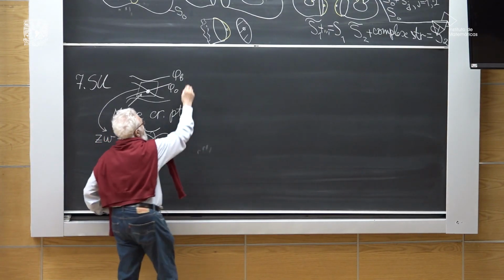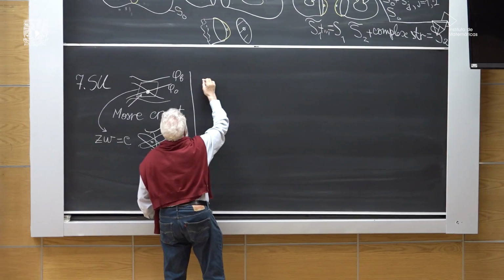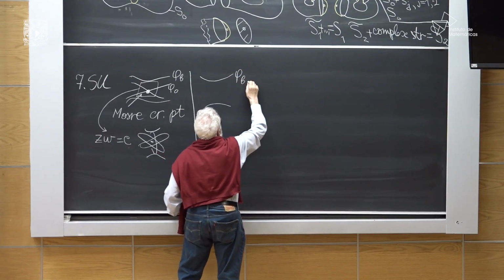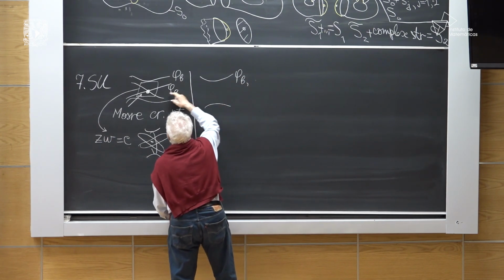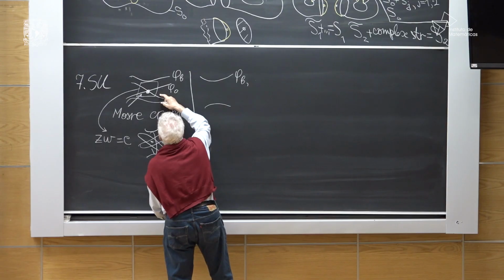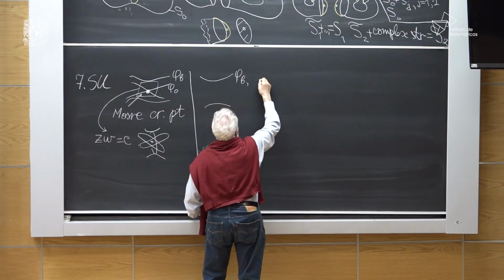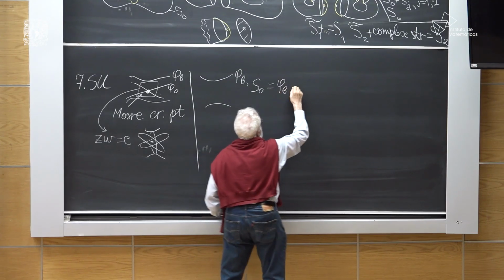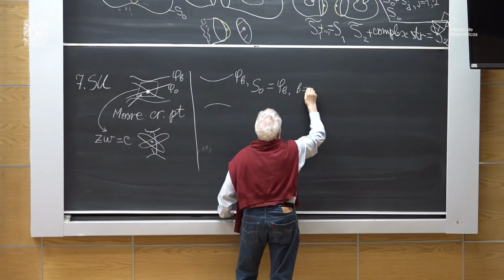And when uniformizing this family, we take phi b. So this is the zero parameter value. This is the non-zero parameter value. You take S0 equivalent to phi b, b non-equal 0.